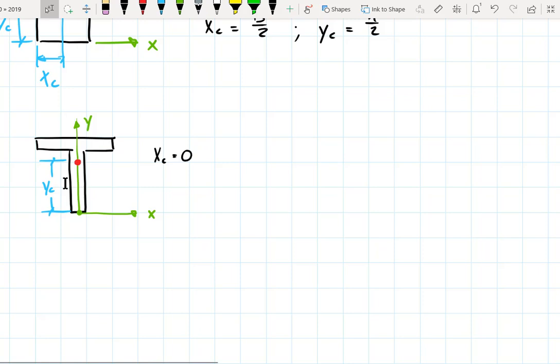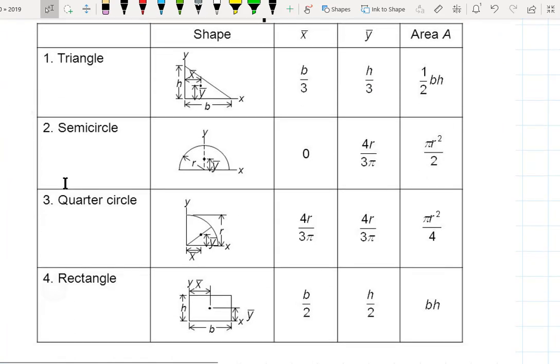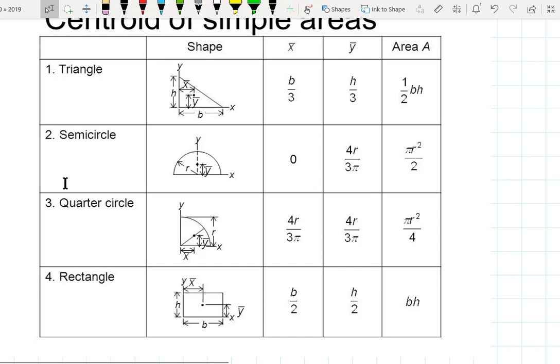But what we're going to do is, most beams are made up of a couple of primitive shapes, like rectangles and circles and triangles and things like that. You get charts like this that have a triangle, a half circle, a quarter circle, and they put a rectangle. I don't know why they put a rectangle, but they did.